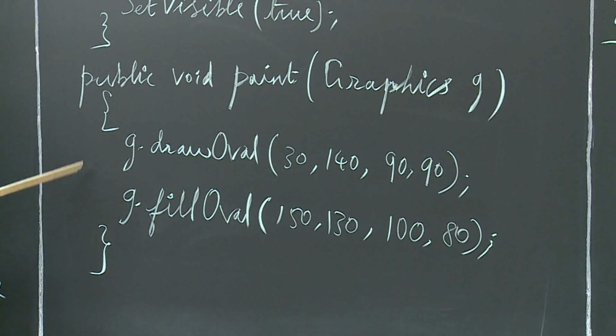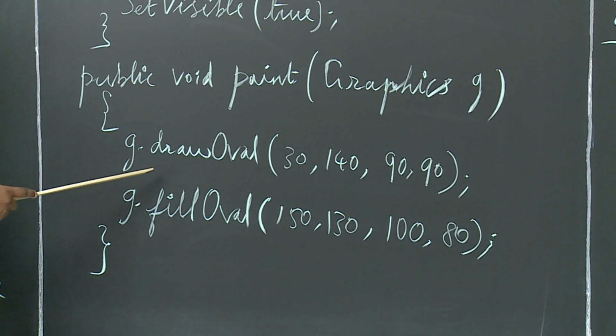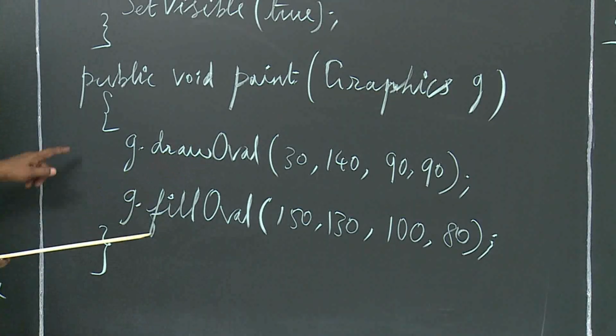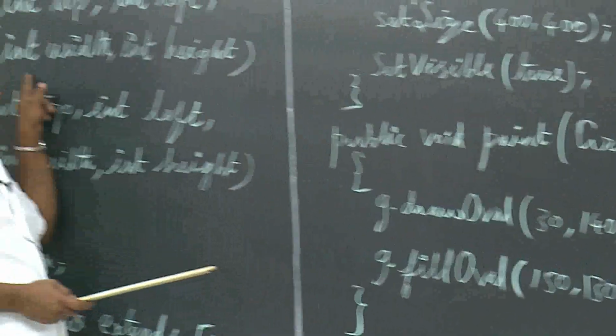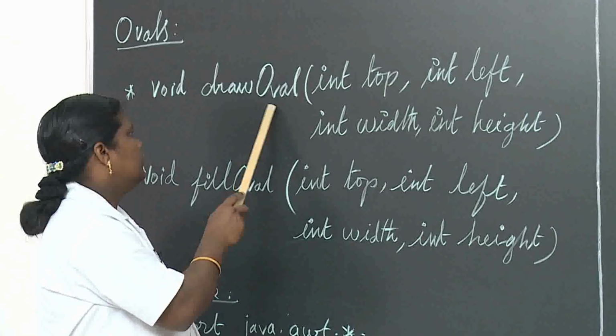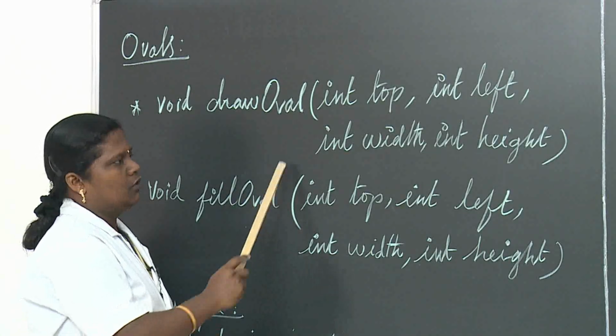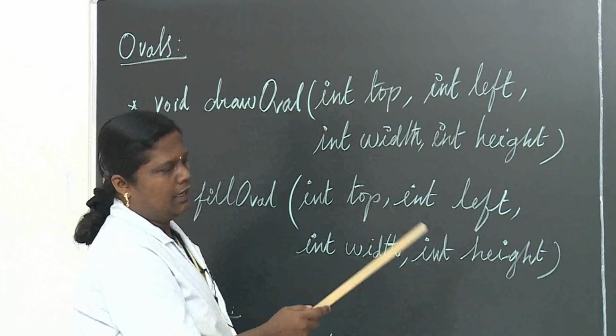Next, how to draw a particular object. Based on our example, it is an oval. As I said earlier, there are two functions named drawOval and fillOval, and the corresponding values are assigned here.